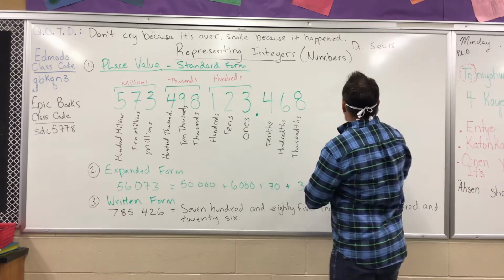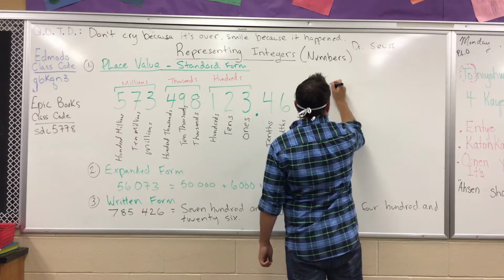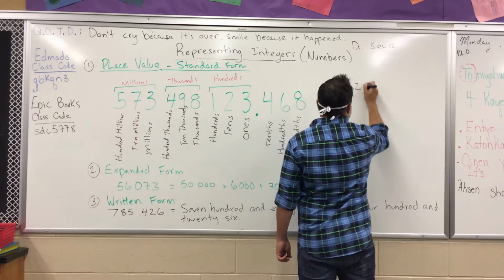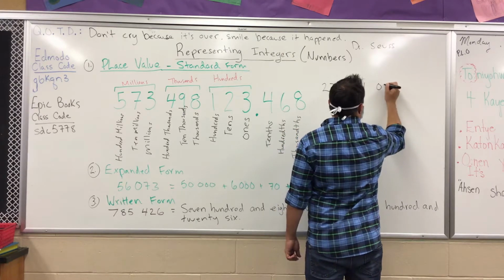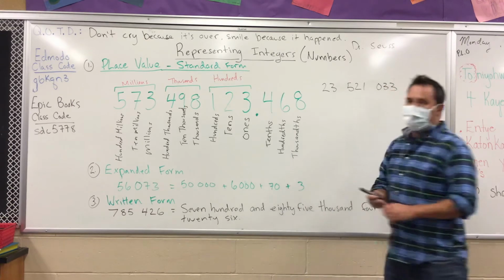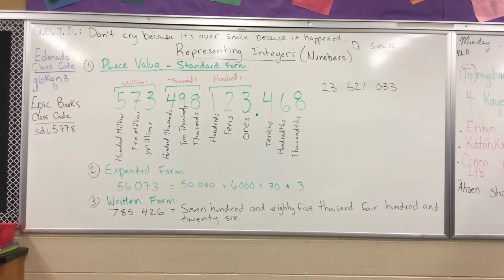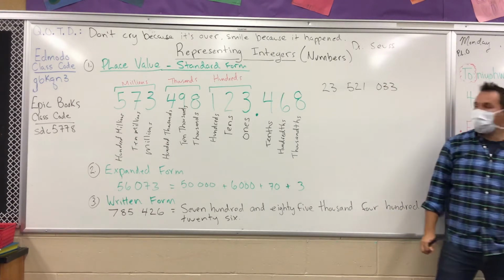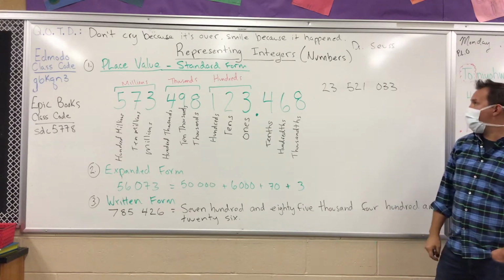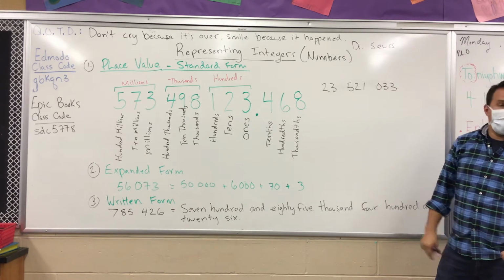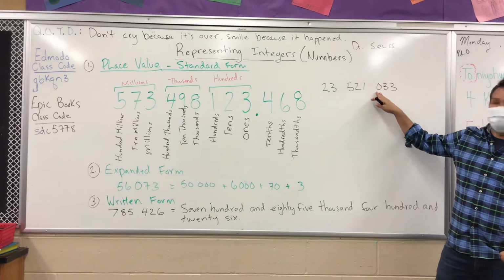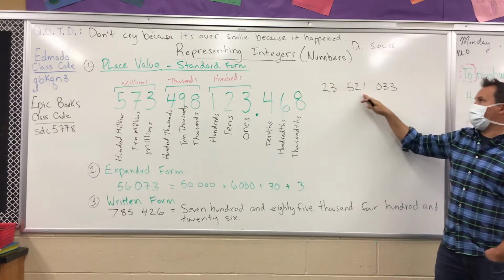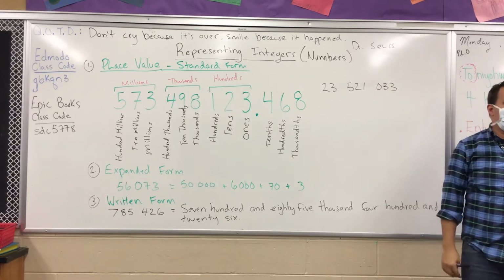What about this? How would we read something like this? Georgia? 23,521,033. Yeah. We don't have to put 100 in because there isn't one. 23,521,033. Right?